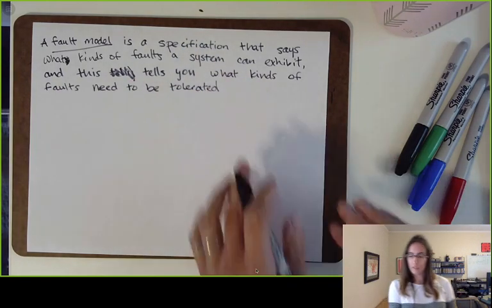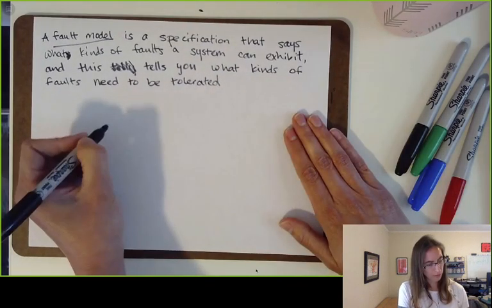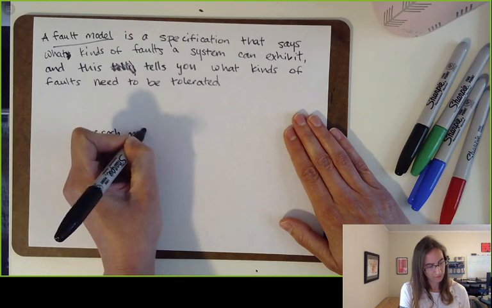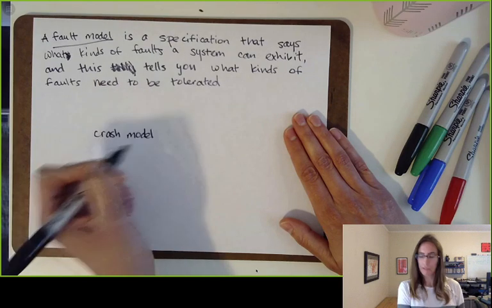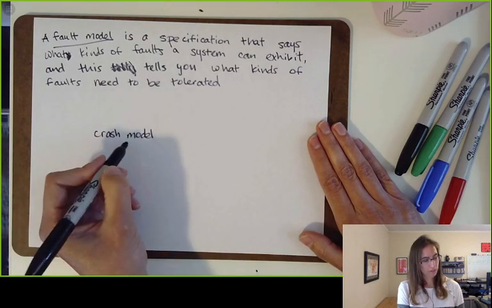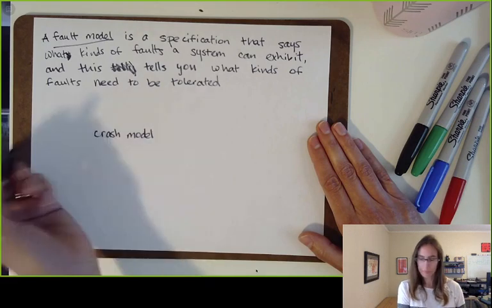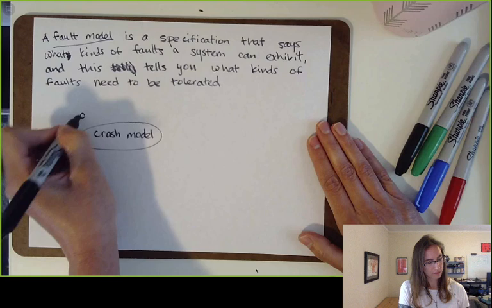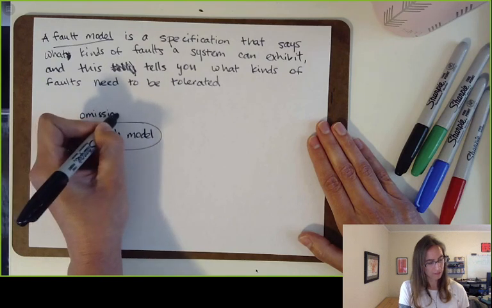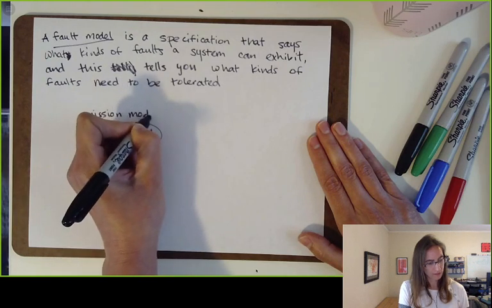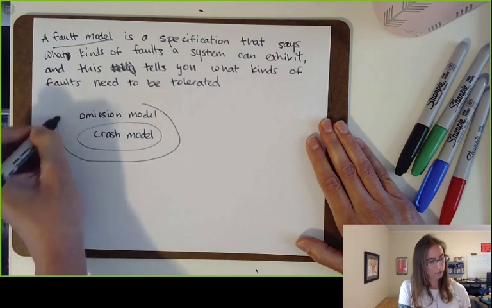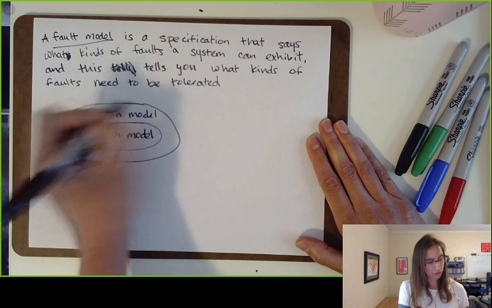So if you're assuming the crash model, then that means that your system has to be tolerant of crash faults. And if you're assuming the omission model, you've got to be tolerant of omission faults and crash faults.